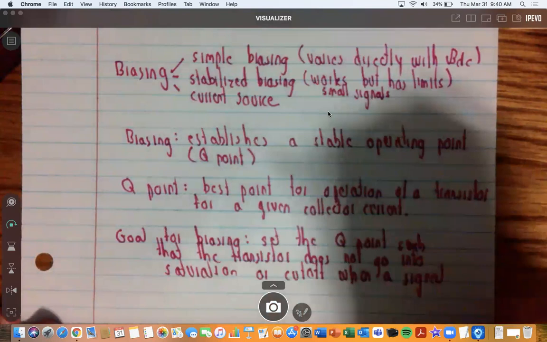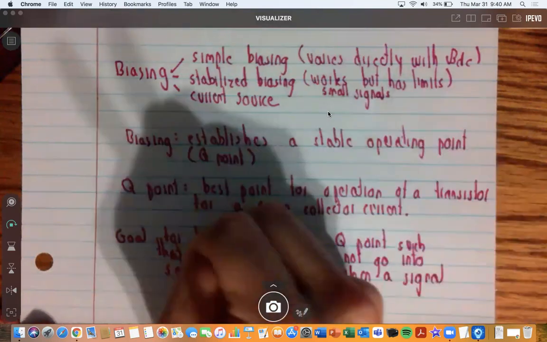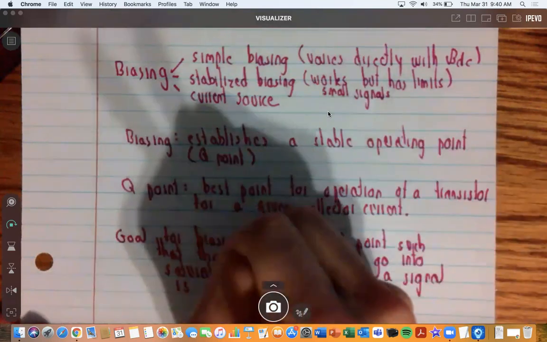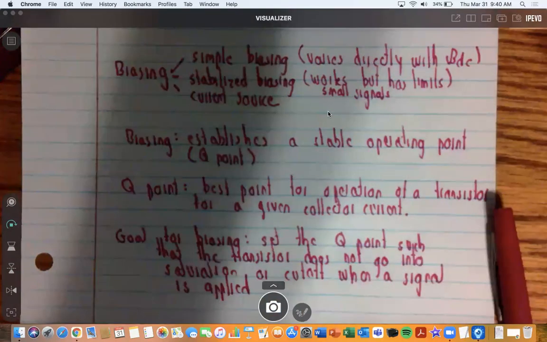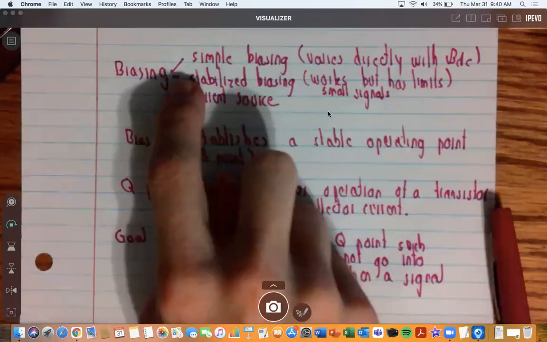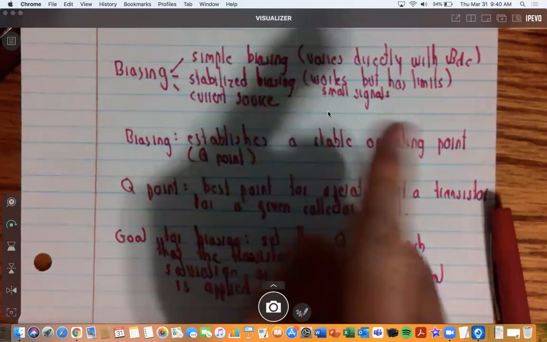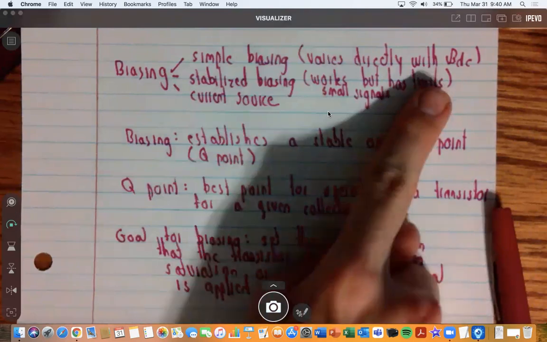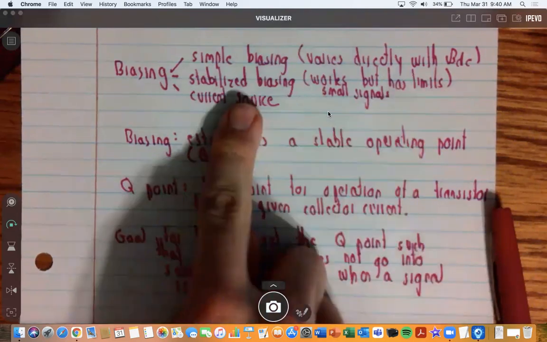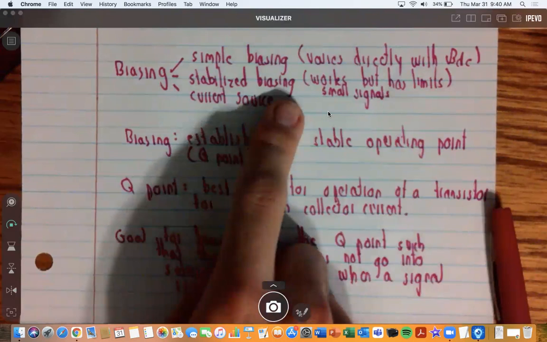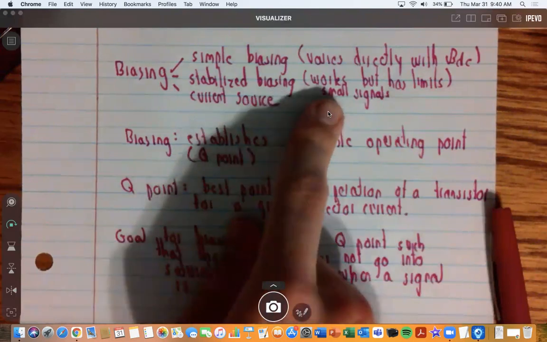And now let's do some graphical images to actually understand what I mean by all this. Let's do a little recap. Within biasing, there are two types we like to focus on: simple biasing, where it varies directly with beta DC, and that's temperature dependent; and stabilized biasing, which works because it's not as reliant upon temperature, but it has limits.